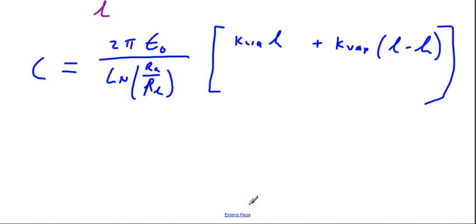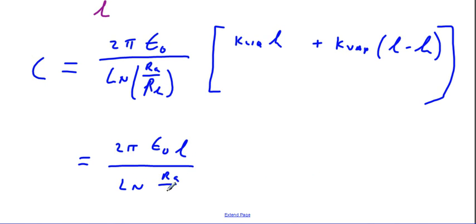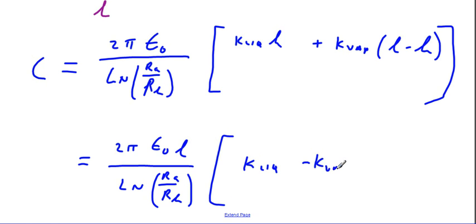And then I'm going to want to manipulate that a little bit more and say, well, I can have that be 2 pi epsilon naught L over natural log RA over RB times K of the liquid minus K of the vapor times H over L plus K of the vapor.